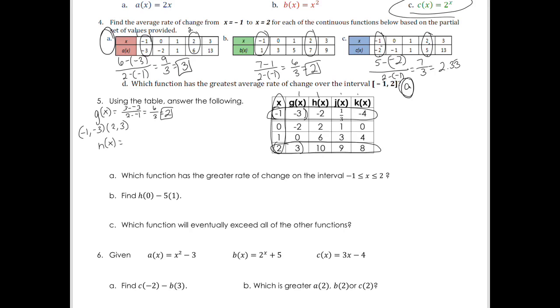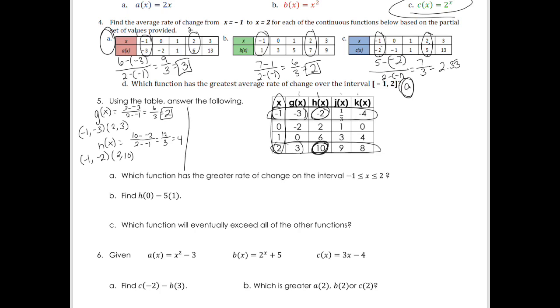So I'm using this as my y values. So -1, -2, and 2, 10. So 10 minus -2 over 2 minus -1. 10 minus -2 is 12 over 3, which is 4.